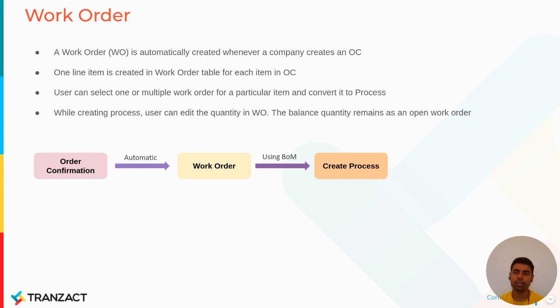So whenever an order confirmation is created, a work order is created for the same item in the production module, so that the shop floor people know that they have to make this order. From this work order, using the bill of material, they can create the process, and the rest of the steps remain the same.